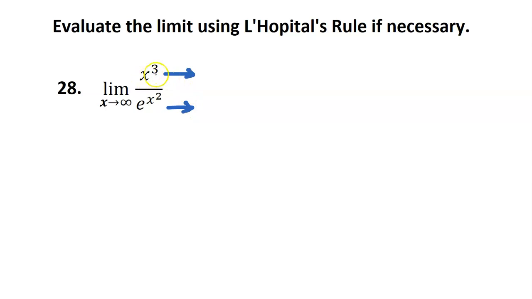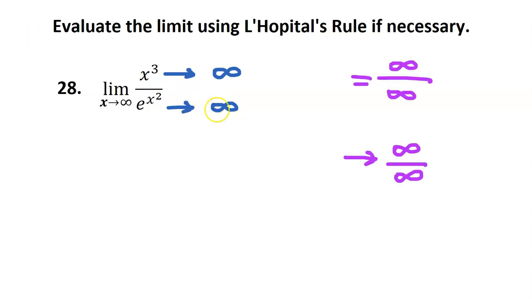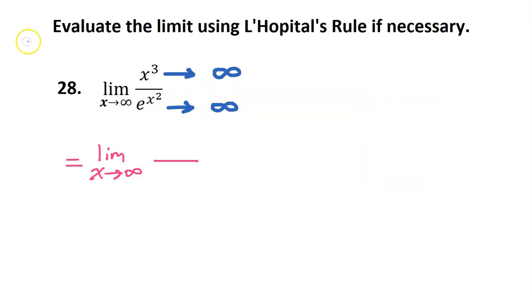So x to the third power is approaching infinity as x approaches infinity, and the denominator is also approaching infinity. You have to describe it exactly like this. Don't say that the limit equals infinity over infinity, or even that the limit approaches infinity over infinity. Leave the numerator and denominator separate.